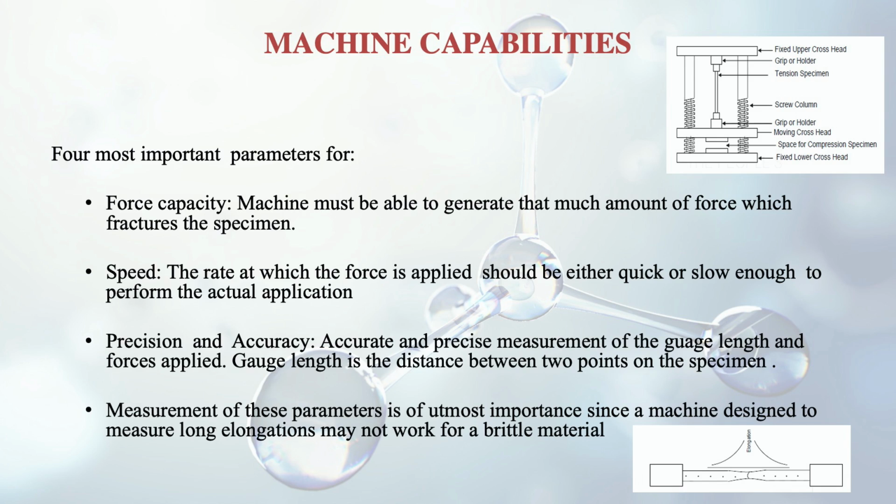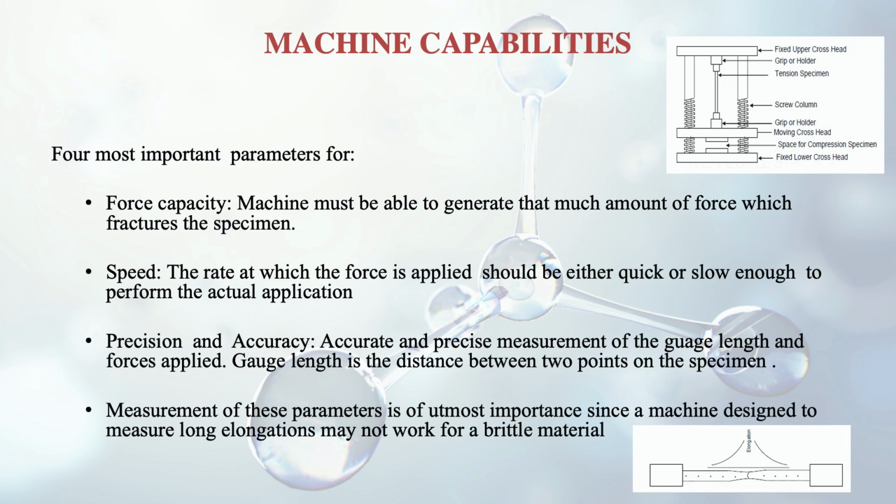So when we do the tension test, we should also know the capabilities of the machine. The four most important parameters are: the first one is the force capacity, meaning how much force the machine will be able to generate, so that we can know which specimen it would be able to fracture or not.